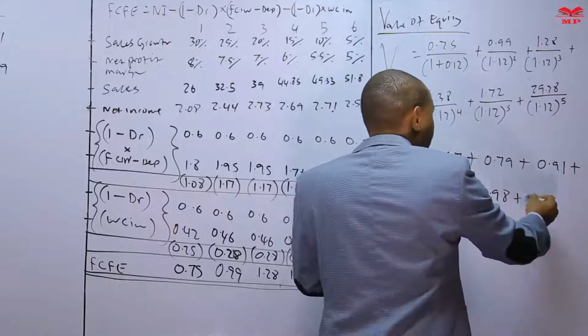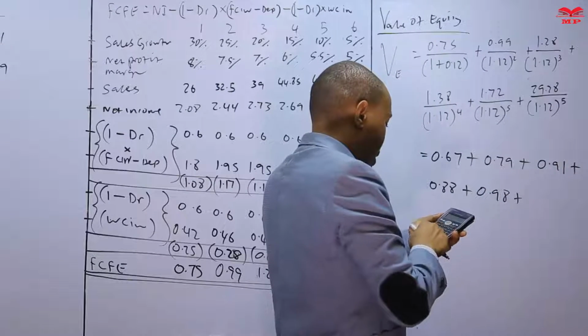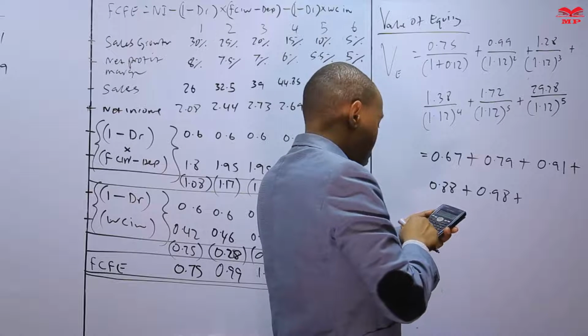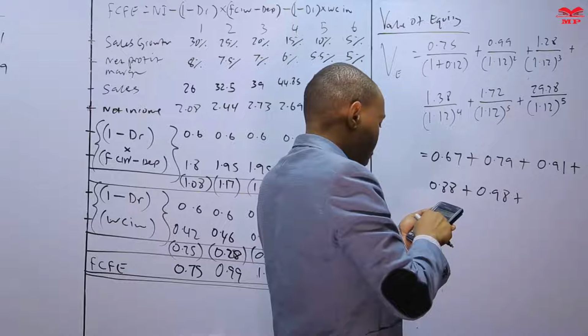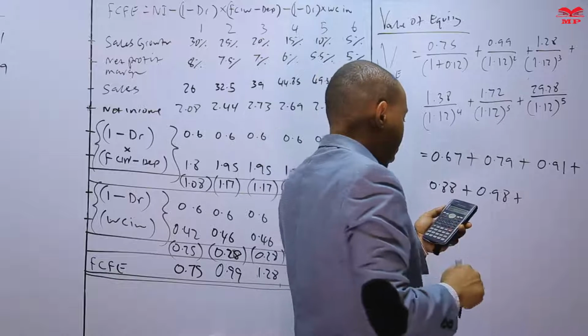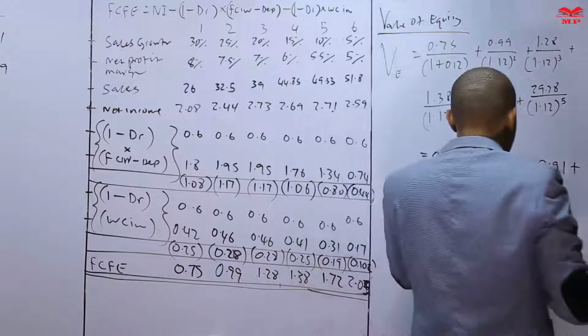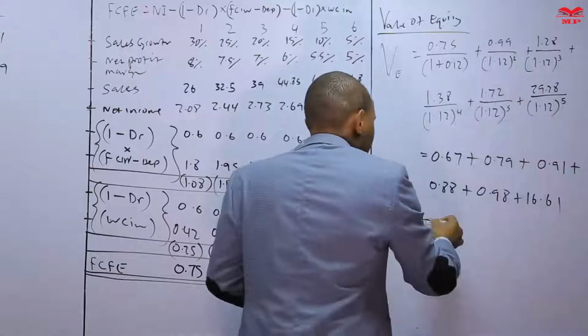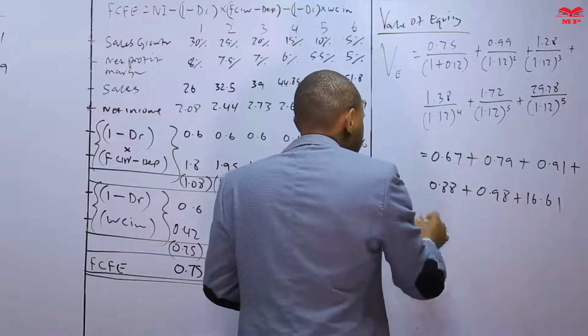Finally, the component of perpetuity, 29.28 divided by 1.12 to the power 5, 16.61.